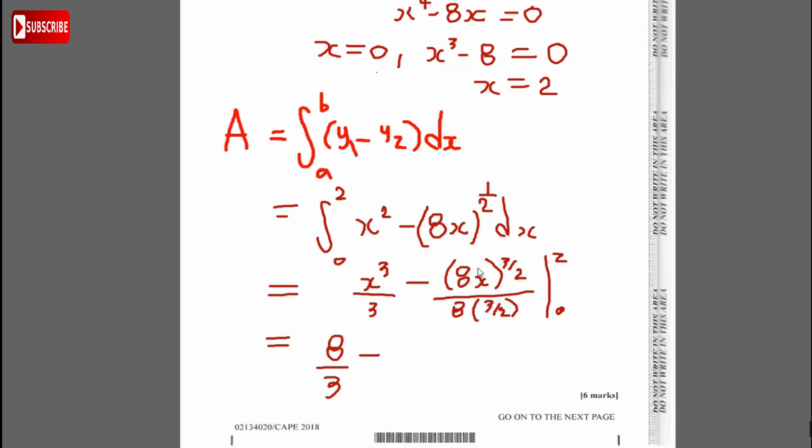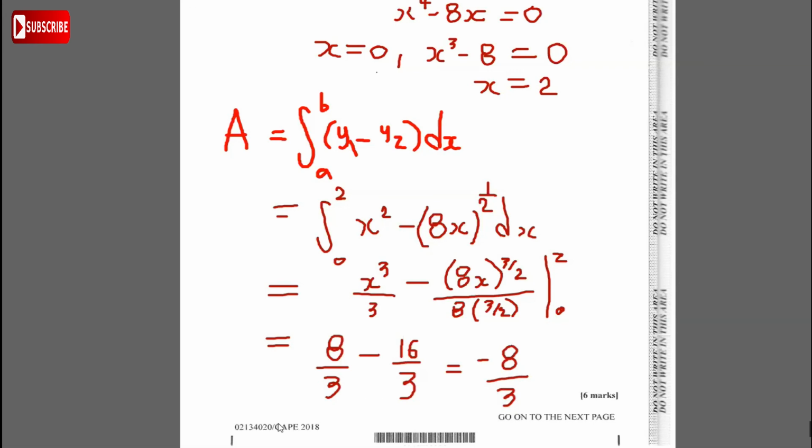And I'm getting 16 over 3. And so 8 over 3 minus 16 over 3 is minus 8 over 3. But as you know, area is positive, and so the area is just 8 over 3.